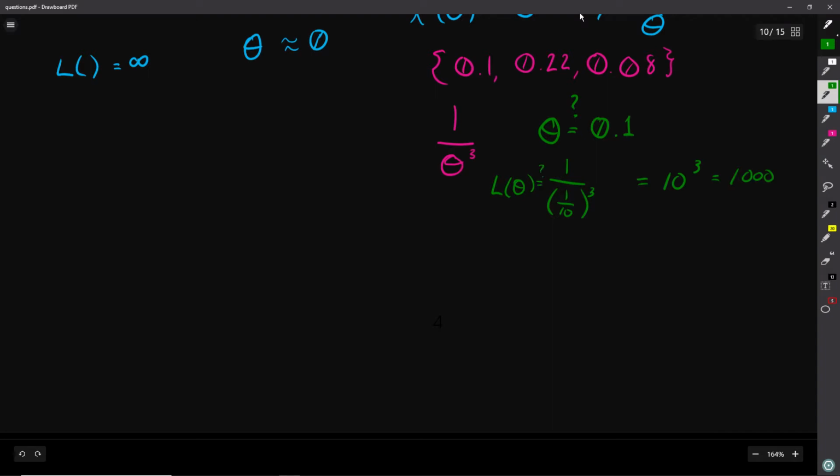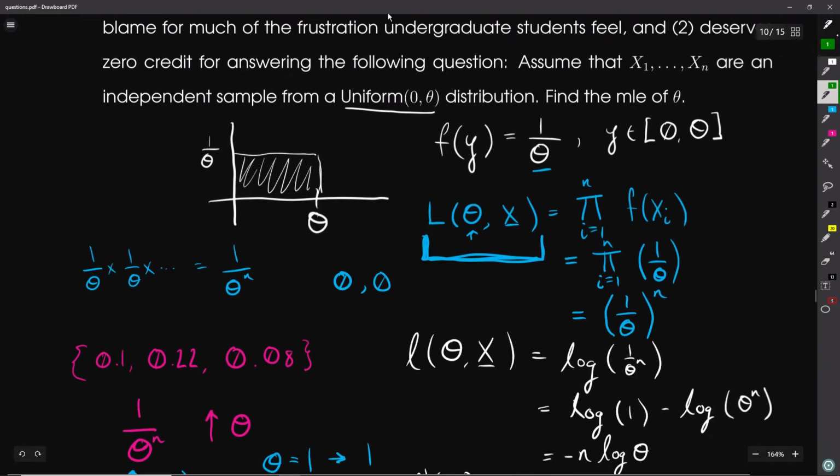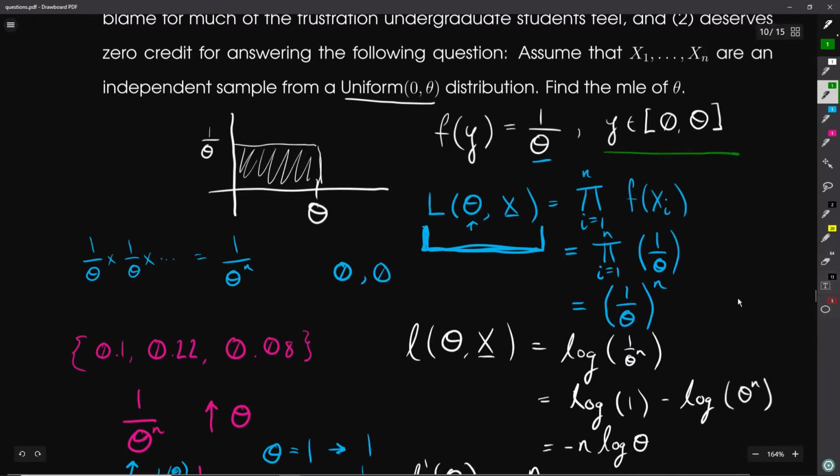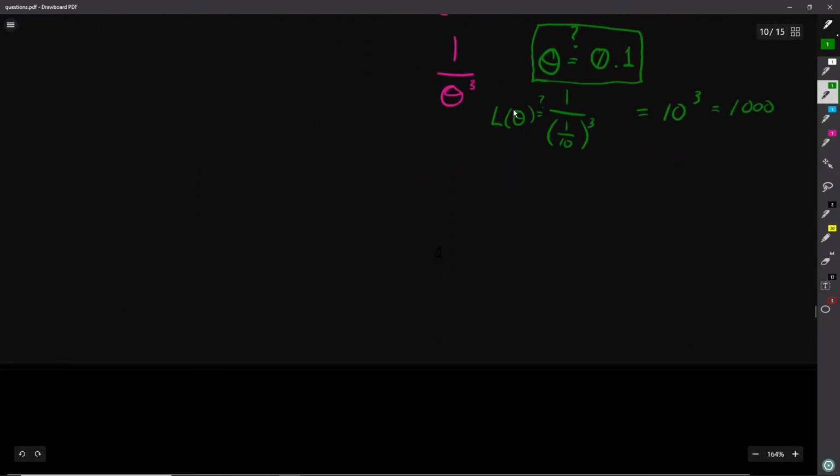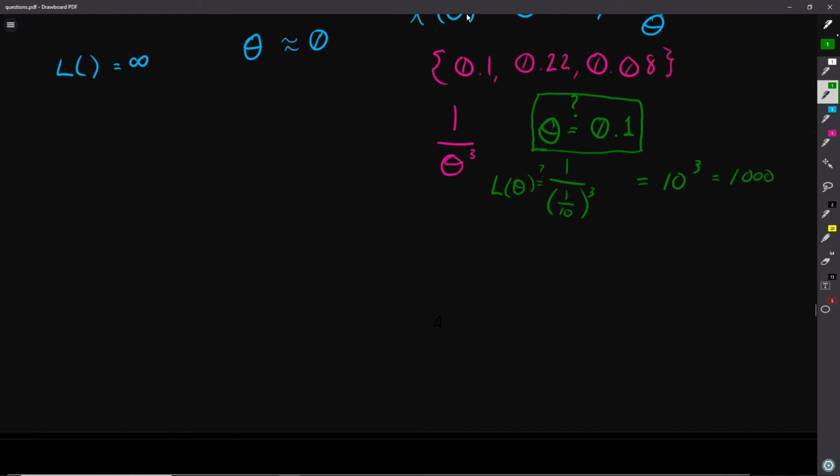And this is somewhat of a trick question here because, in fact, we know that theta cannot be 0.1. And why do we know this? Well, I made an important note up here that y is in the interval 0 to theta. Every y that we observe has to be less than or equal to theta. And take a look at right here, 0.22. 0.22 is larger than 0.1.